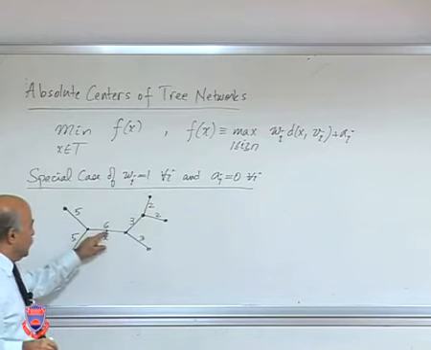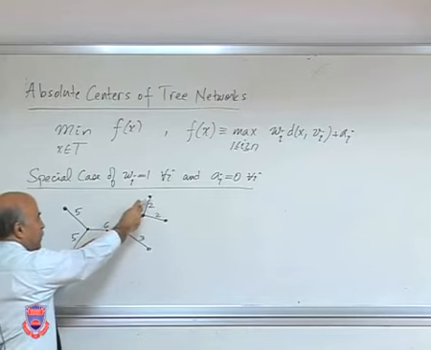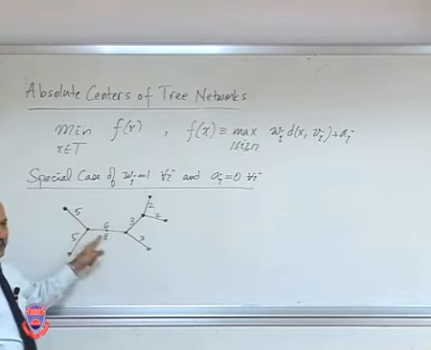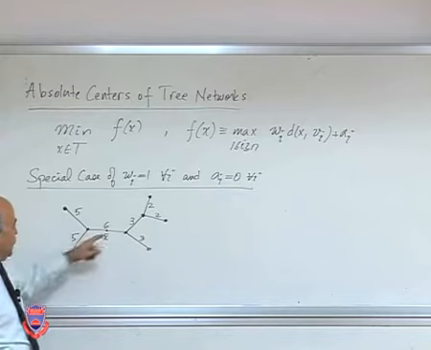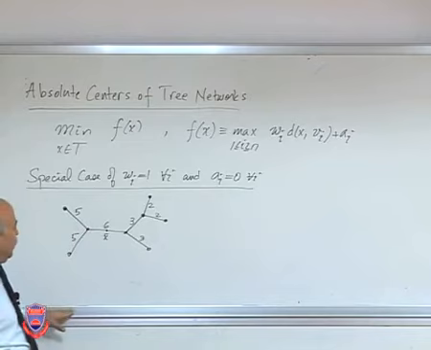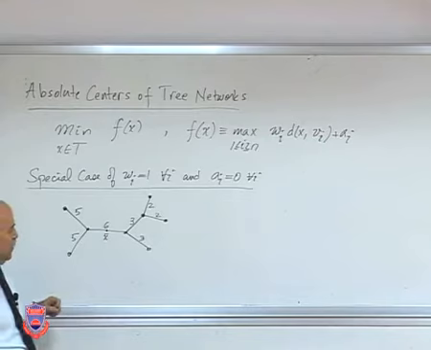If you move to the right slightly to get better relative to either that one or that one, then you would be moving away from that, so your f value would be increasing. Same way if you move to the left. So obviously that is in fact the unique minimizer in this case. Okay.